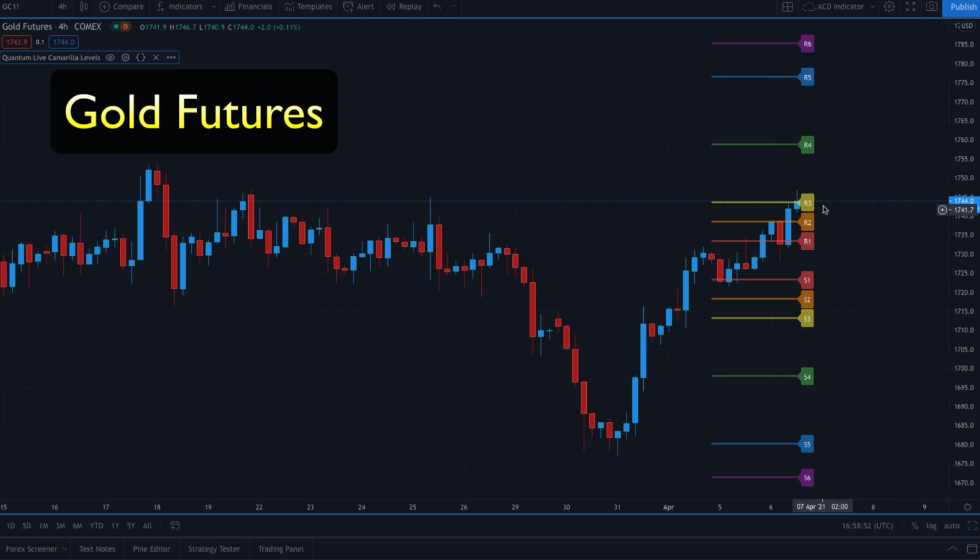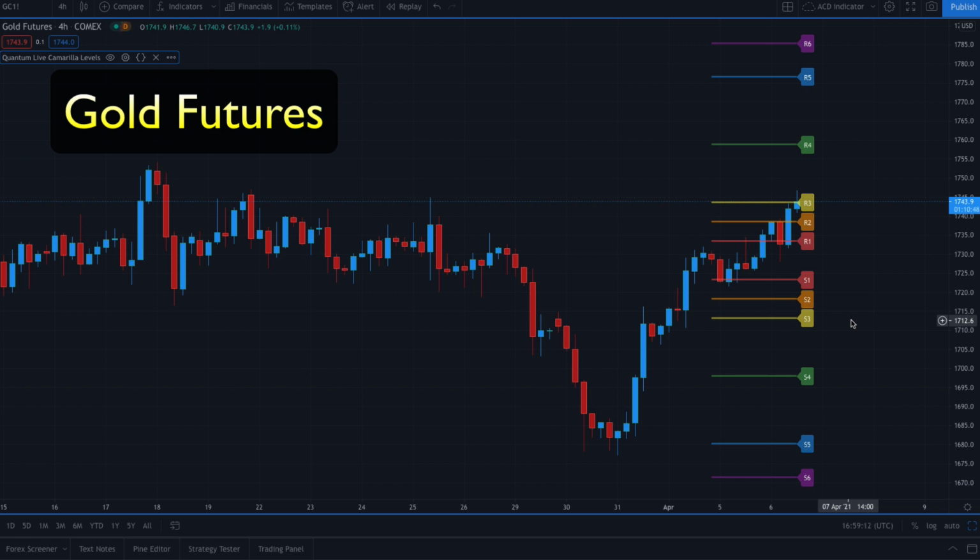So there we go. As I'm recording this, gold is at 17.44 an ounce and is literally testing the R3 level. Now, the reason the R3 and the S3 levels are so important is that these are regions where we can potentially expect a reversal to occur.